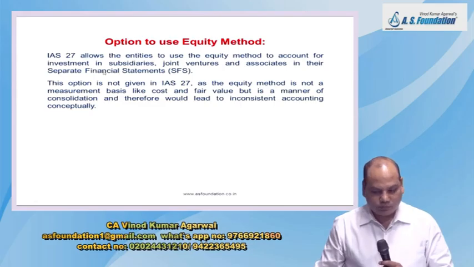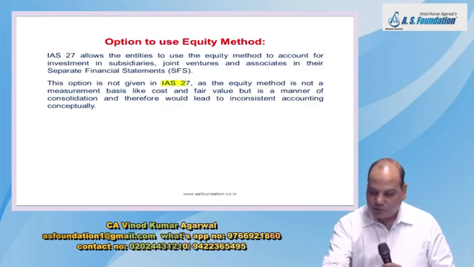Next line, IAS 27 allows the entities to use the equity method to account for investment in subsidiary, JV and associates in their separate financial statements. This we discussed yesterday and students were surprised also, but it is allowed in IAS 27. This option is not given in Ind AS 27.